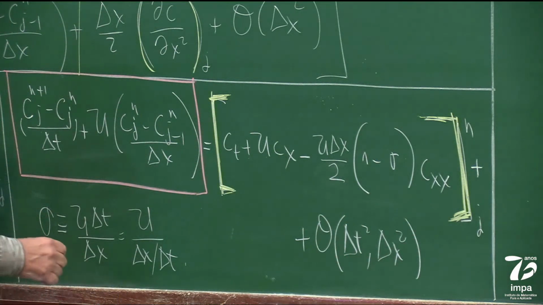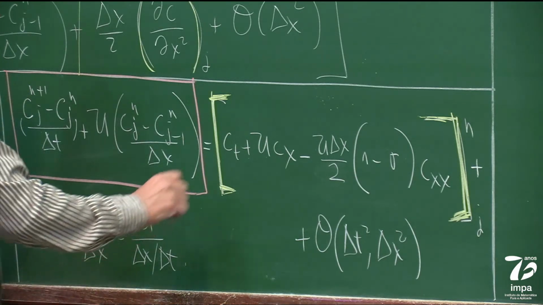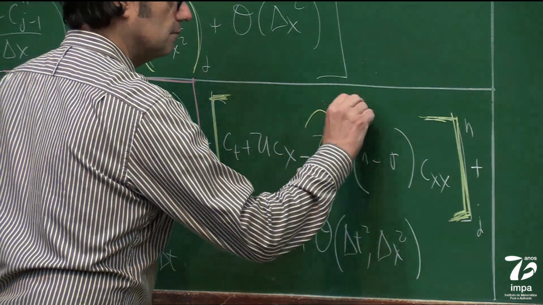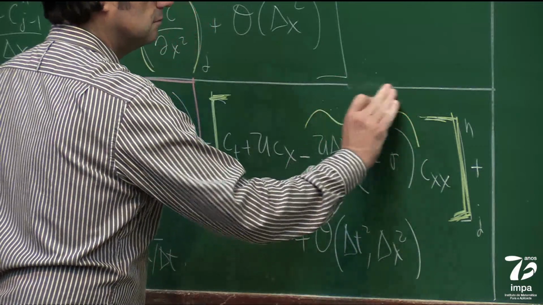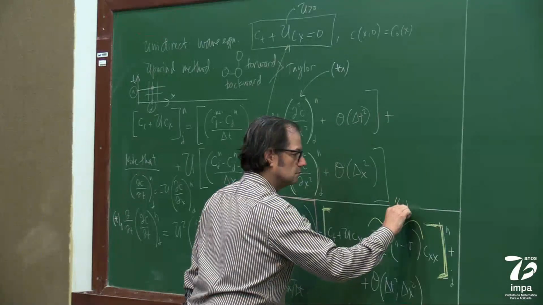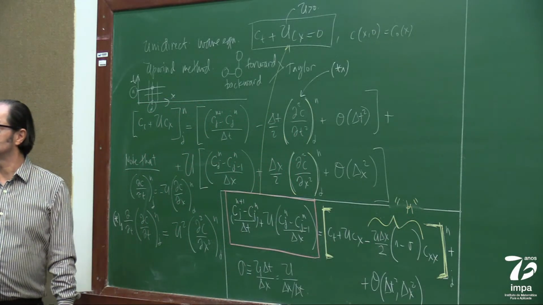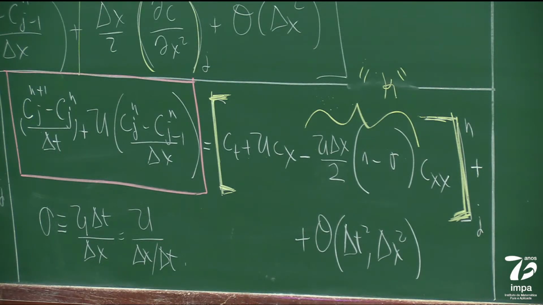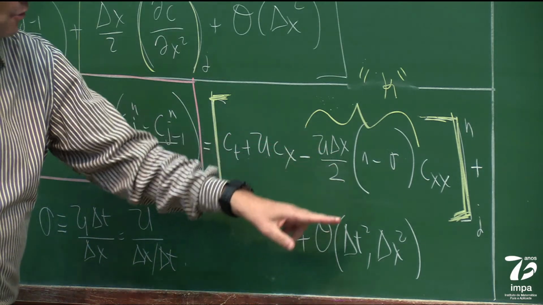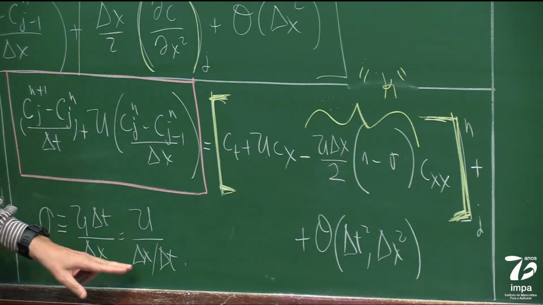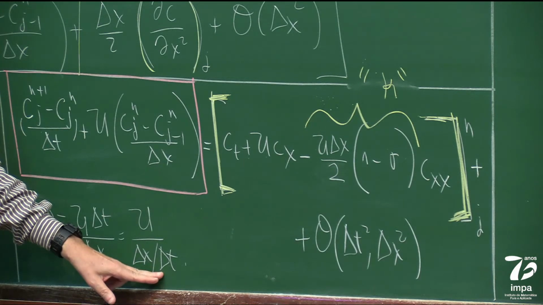And look at this. Now this is a very nice, cool thing. Look at this. This is a numerical kappa, a numerical diffusion term, that depends on my grid.